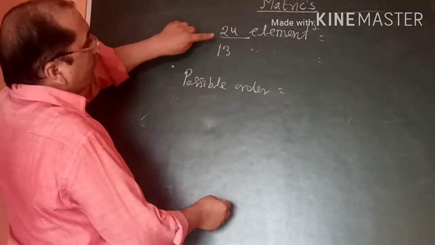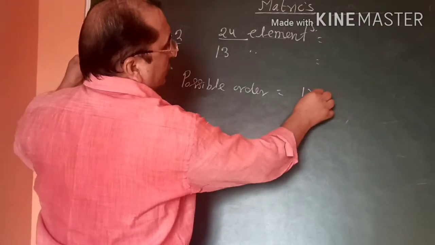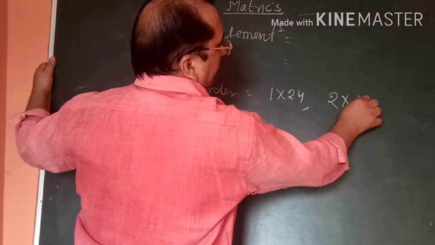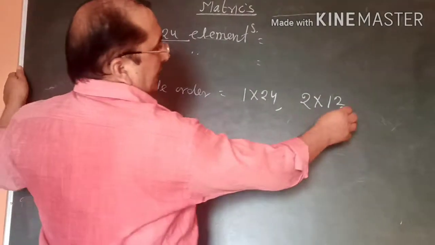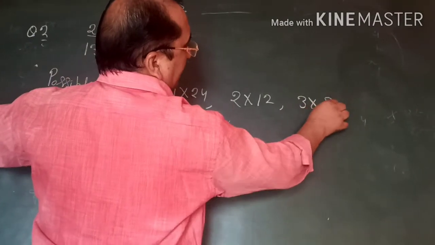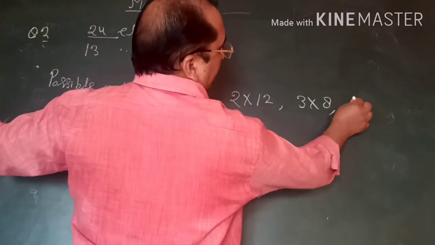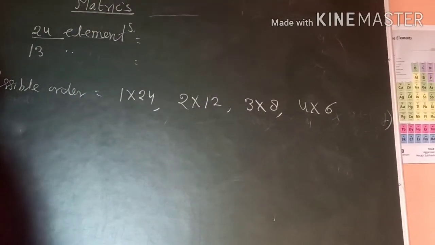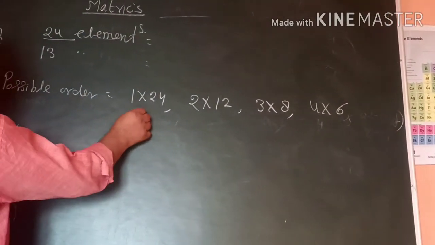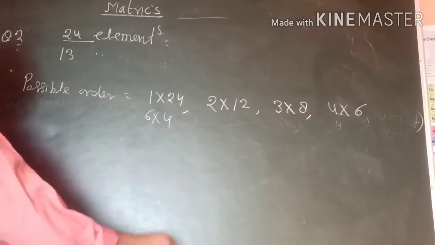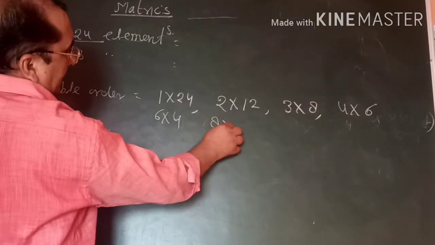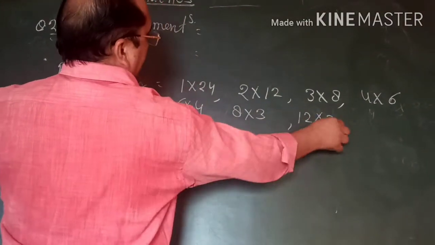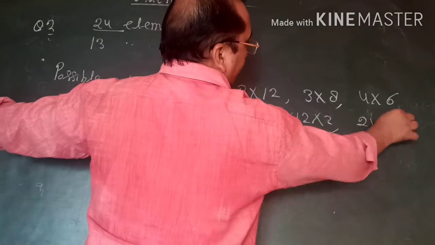It may be 1 row and 24 columns, 1 cross 24, or 2 rows 12 columns may be there, and 3 rows 8 columns, since 3 eights are 24, also possible. 4 sixes are 24, also possible, and 6 fours, 6 rows 4 columns, 8 threes, or 12 twos, or 24 ones.